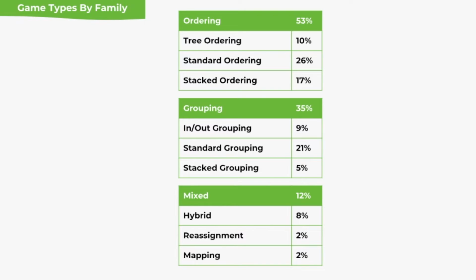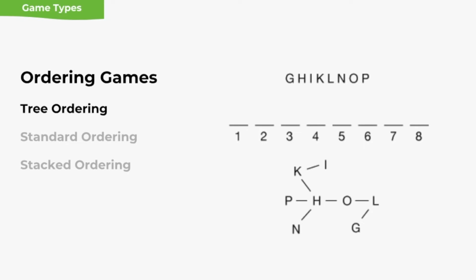We haven't seen many of these recently, but they can often fit into either a mentality of ordering or grouping, but it's hard to describe them as specifically ordering or grouping. And then mapping games, which again are very rare. We haven't seen one in a very long time, but they generally also can be fit into a category of either ordering or grouping.